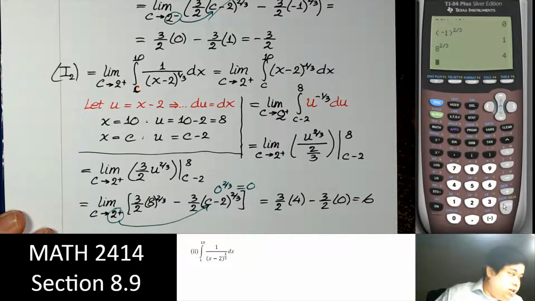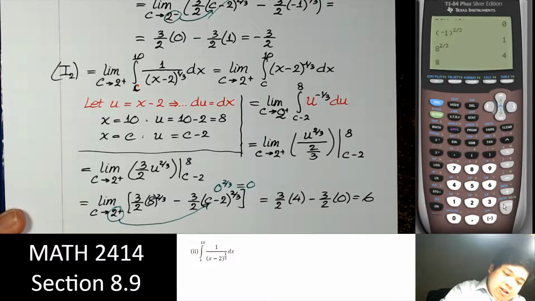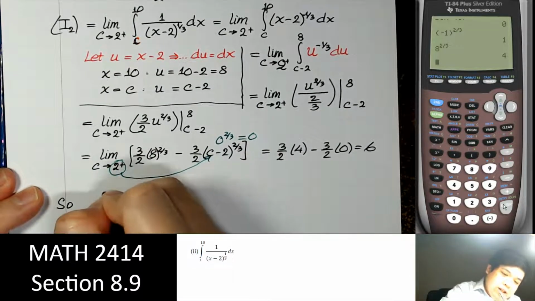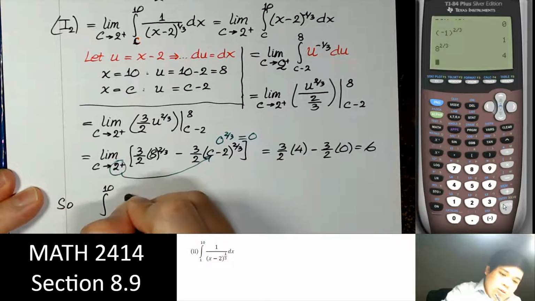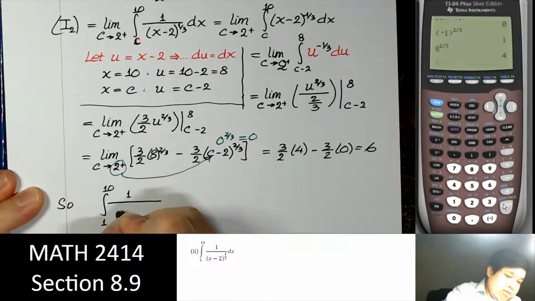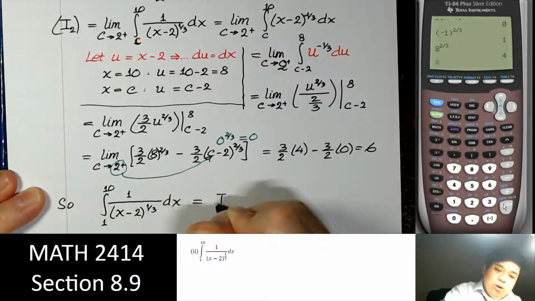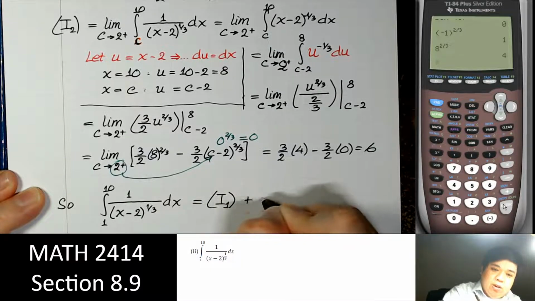And finally, the integral from 1 to 10 of 1 over x minus 2 to the 1/3 dx is equal to the first integral plus the second.